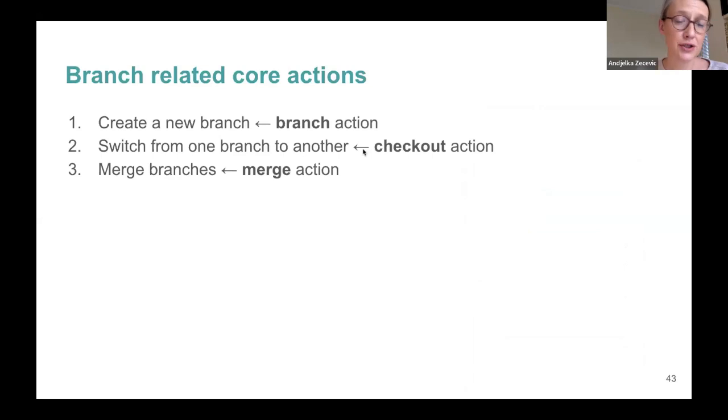Creation of a new branch is accomplished by the so-called branch action. Switching from one branch to another is the so-called checkout action, and merging branches is known as the merge action.